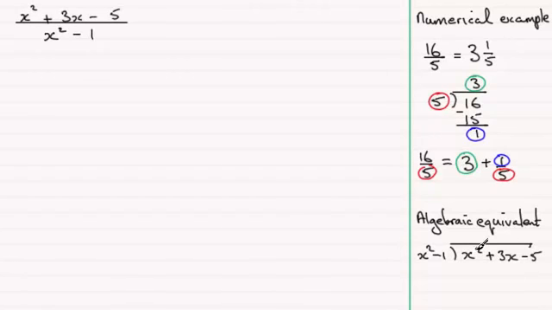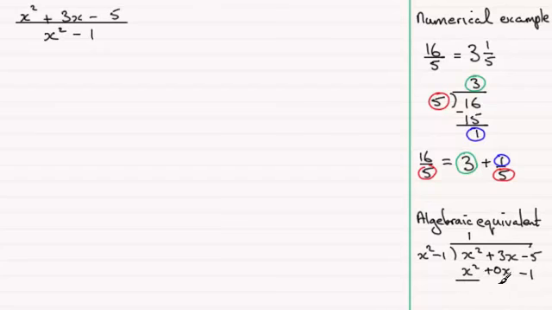But briefly then, what we've got to do is say, what do we multiply that x squared with to get the x squared here? And it's going to be 1. And doing 1 times x squared minus 1 gives us x squared minus 1. And we put the minus 1 there. I could put underneath the 3x, no x, 0x.